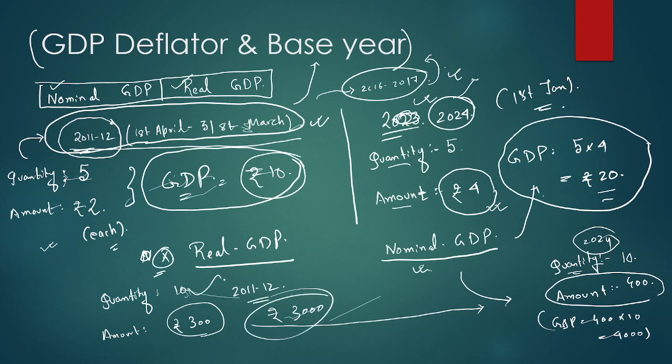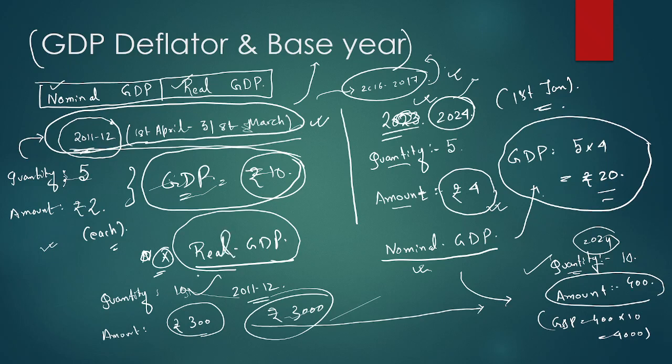The quantity remains fixed but the amount gets changed. Fine, that is why we are relying on real GDP, because our target should be to increase the quantity. We have to increase the resources. We have to increase the final products for the common citizens of India. That should be our target, right? So this is real GDP. That's the importance of real GDP.